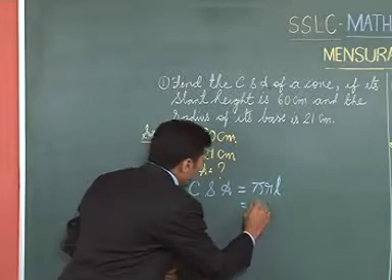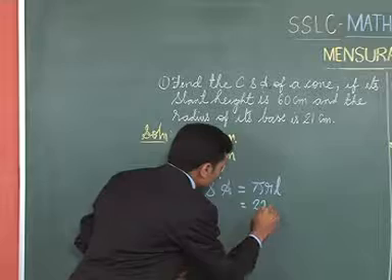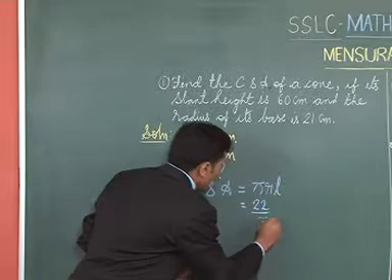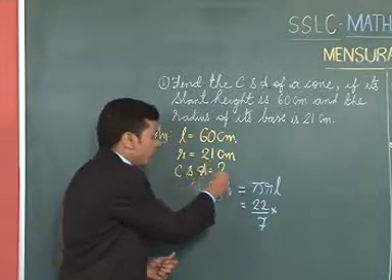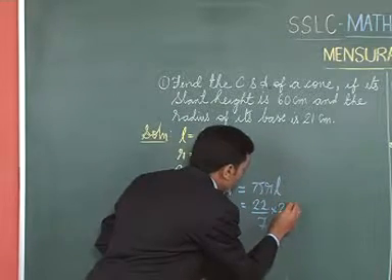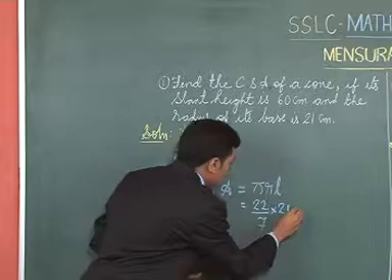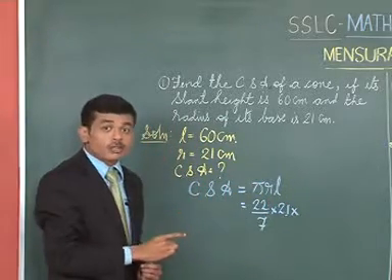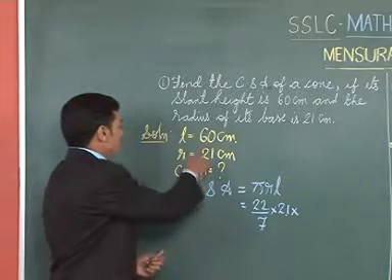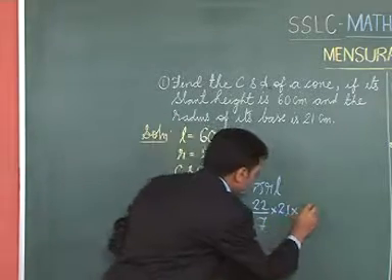So, pi, we know the value, it is 22/7, and what is the value of r? It is 21 centimeter. So, write it down here, 21 centimeter into L. L is nothing but the slant height. What is the value of the slant height? Yes, it is 60 centimeter.